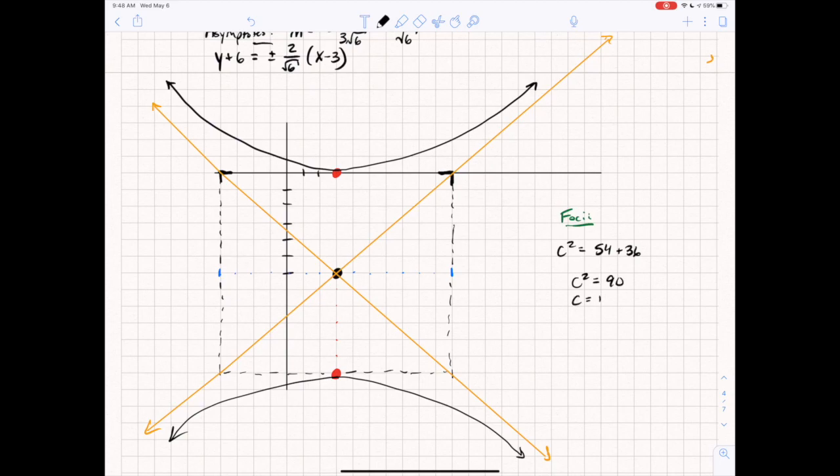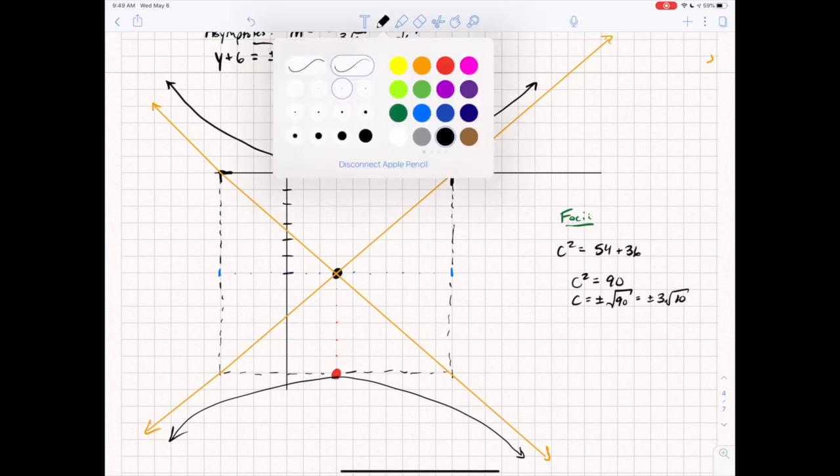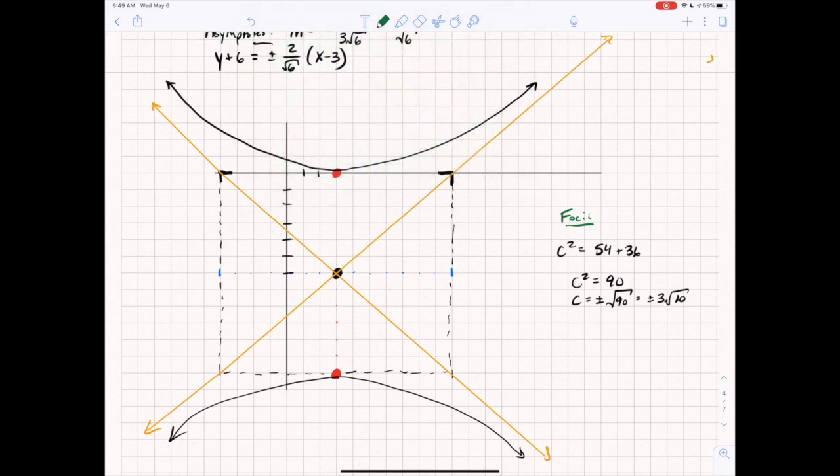So c is plus or minus square root of 90, which is plus or minus 3 root 10, since that's 9 times 10, and the square root of 9 is 3. If we were measuring it, that would come out to roughly about 9 units, a little bit shy of 9. So walking from the center up and down about 9 units, that's 3 more from my vertex, 3 down from my vertex. There are my focal points.